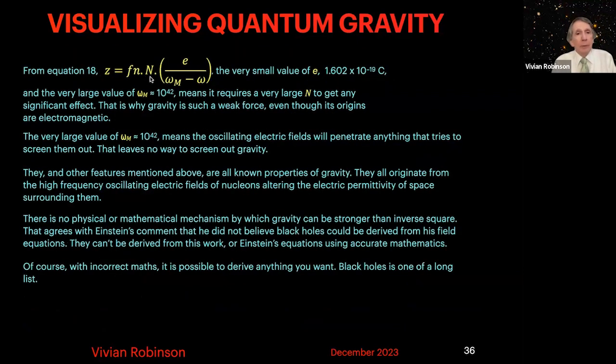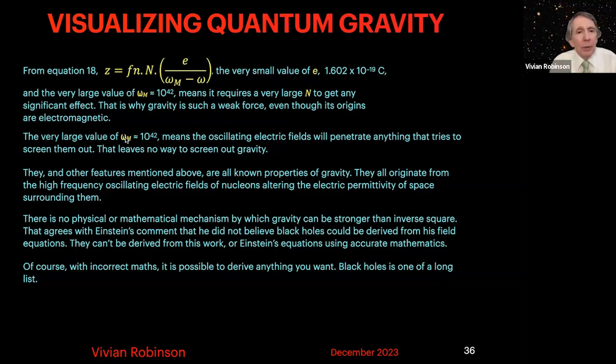Now, from this equation, the very small value of e at 1.6 times 10^-19, and the very large value for omega m, approximately 10^42, means it requires a very large n to get any significant effect. That is why gravity is such a weak force, even though its origins are electromagnetic.